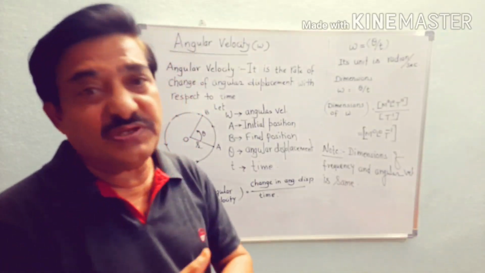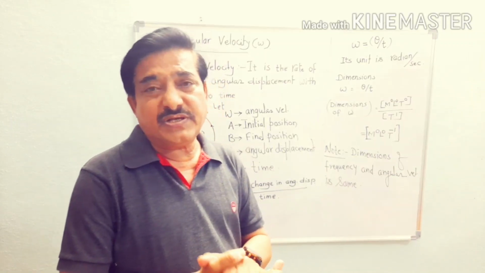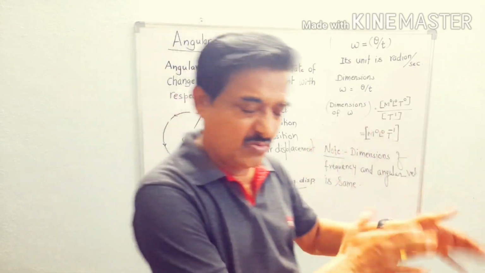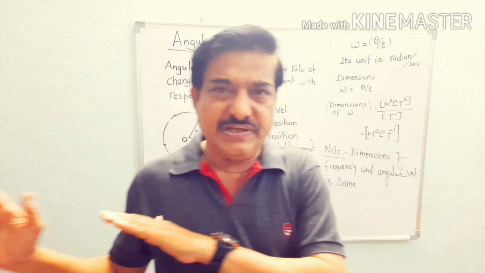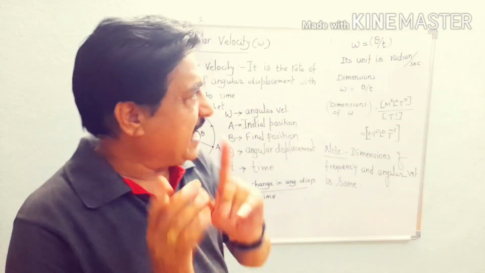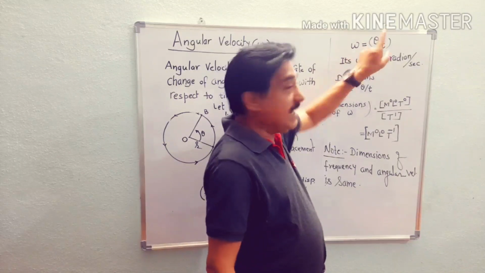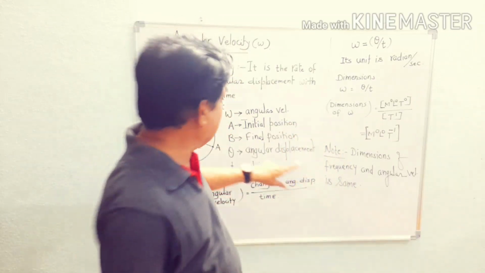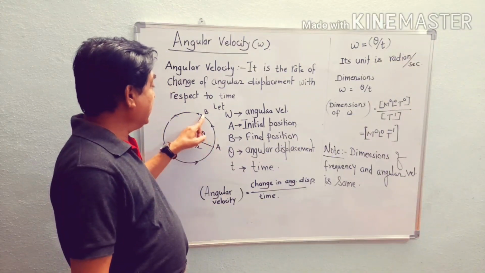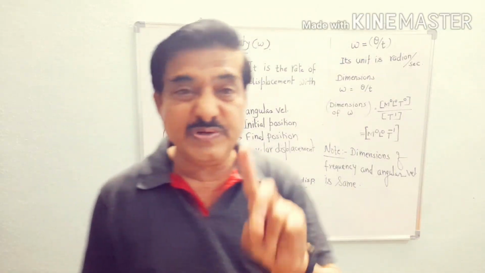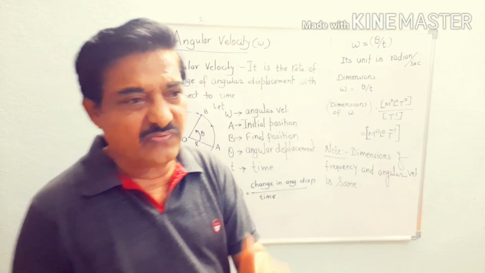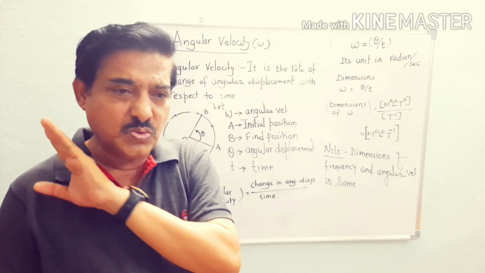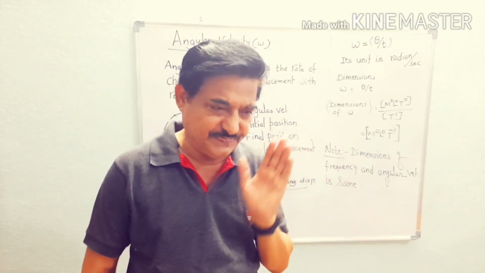Then we will see the nature of this physical quantity, whether angular velocity is a vector quantity or a scalar quantity. As we have discussed in angular displacement, if angular displacement theta is finite, it means arc length AB is greater than the chord AB, then angular displacement theta is finite and angular velocity is also finite, and it is a scalar quantity because it does not obey the laws of vectors.